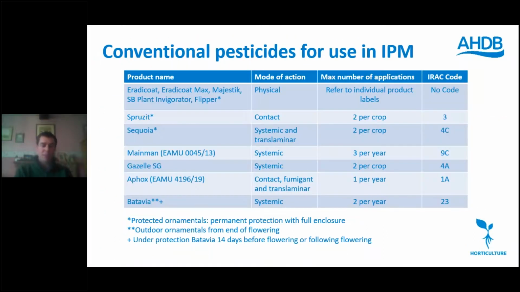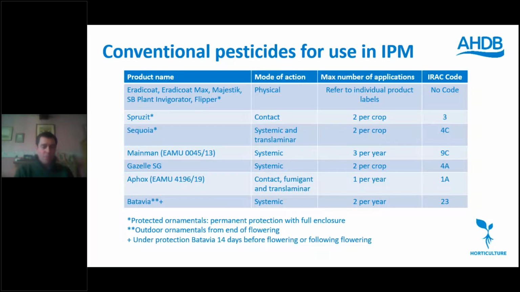Okay, next slide, Chloe. So this is following on from our last slide, conventional pesticides for use in IPM. And various products here. We've got the IRAC codes that we talked about earlier in the presentation. As it happens, we've got some nice different codes to make use of.